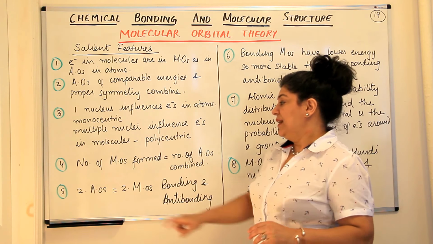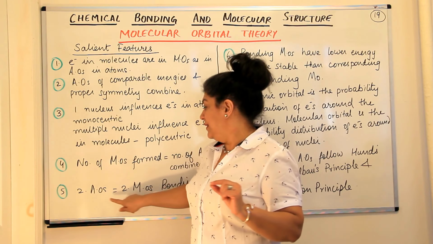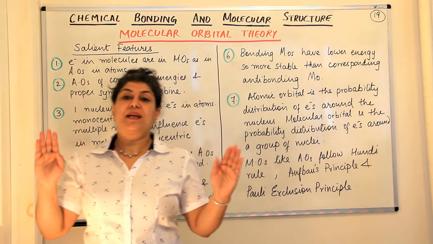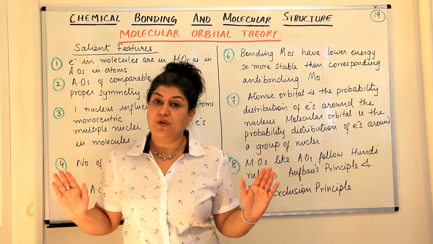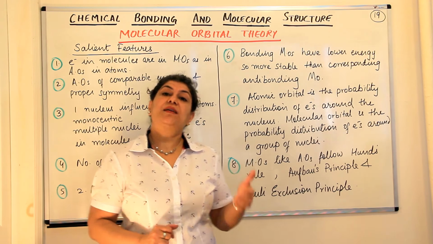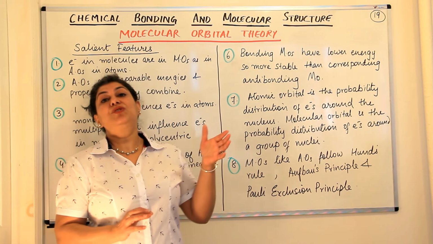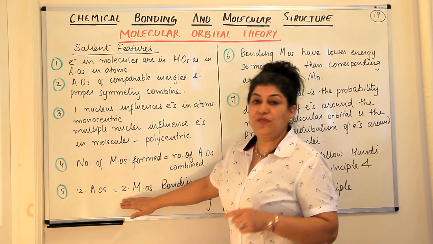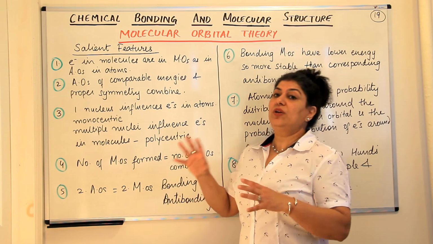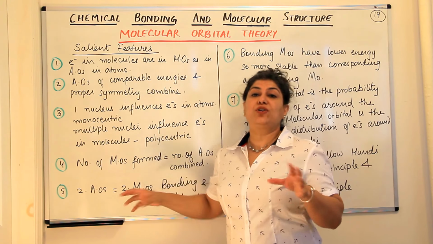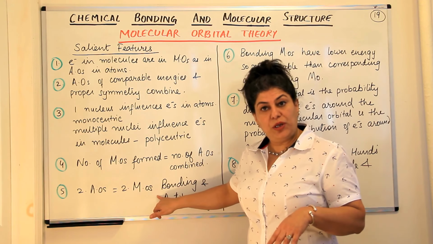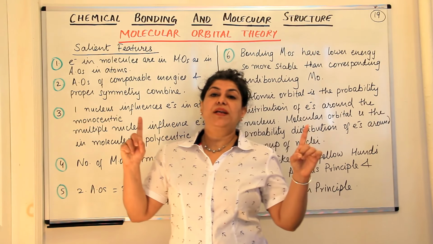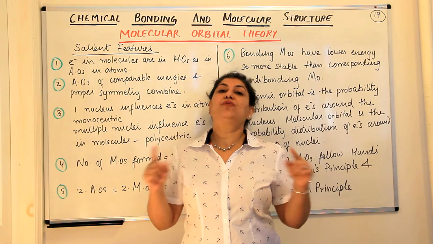The fifth feature is that if two atomic orbitals are combining, then two molecular orbitals would be formed. One of these is known as a bonding molecular orbital and the other is known as an anti-bonding molecular orbital. For example, the 1s and 1s of two atoms combine to form a sigma bond.